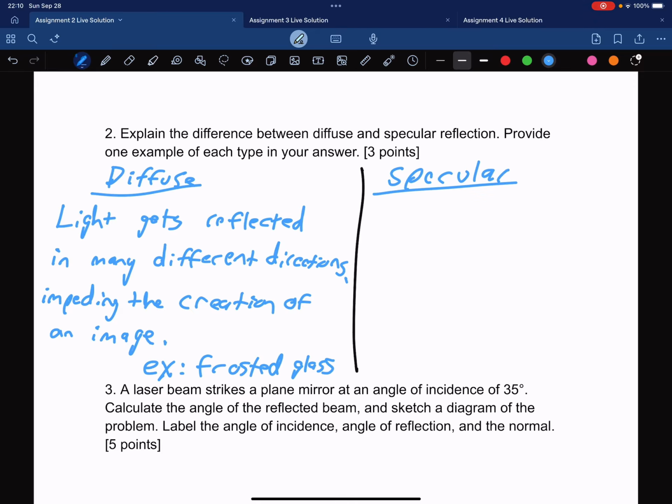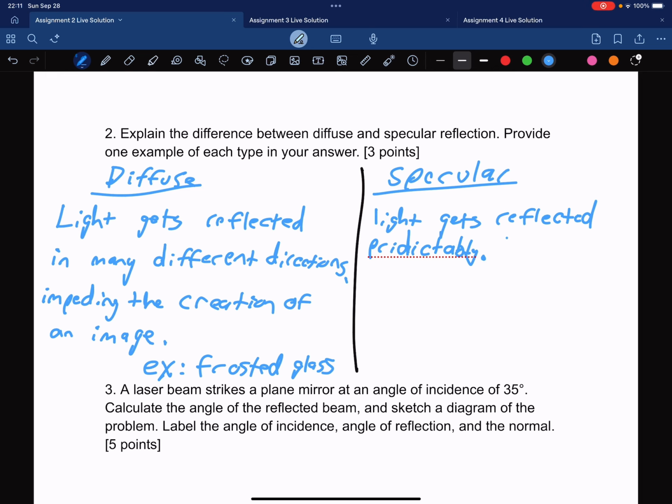For specular, in this case, light gets reflected predictably. Light gets reflected predictably.